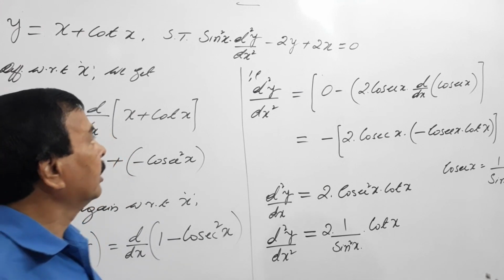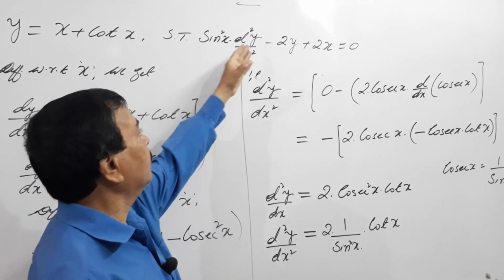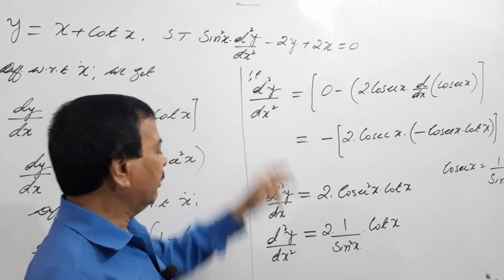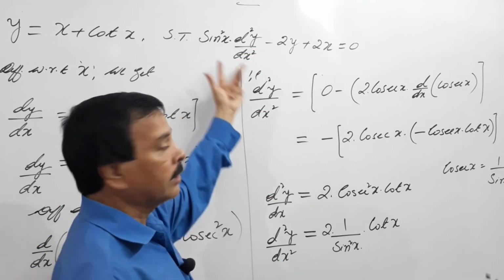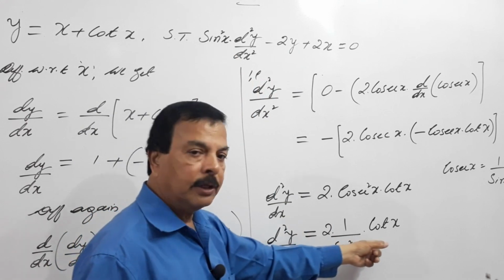So what he wants is sin square x into d square y by dx square. If I cross multiply, what happens? We get this. And what about this cot x?